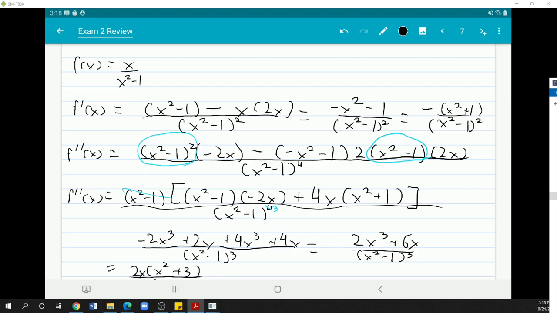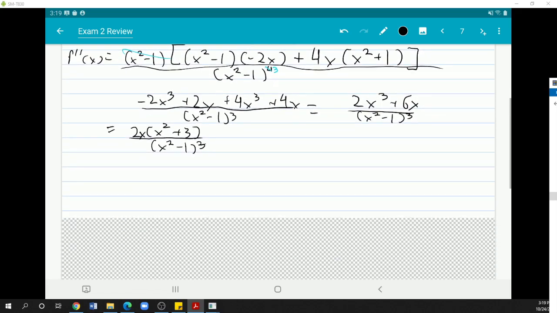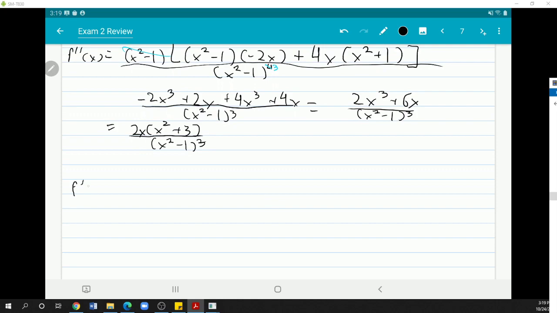So looking at the original function, we have minus x squared plus 1 over x squared minus 1, all squared. So let me rewrite that. Equals minus x squared plus 1. Nothing to worry about there. That's always a negative on top because x squared plus 1 is always bigger than 1. And then I multiply it by minus 1.